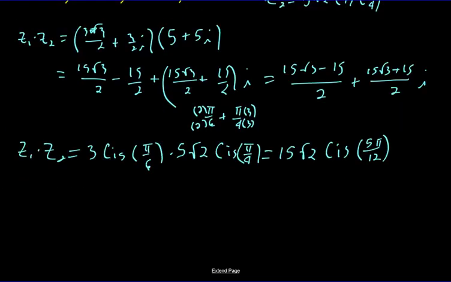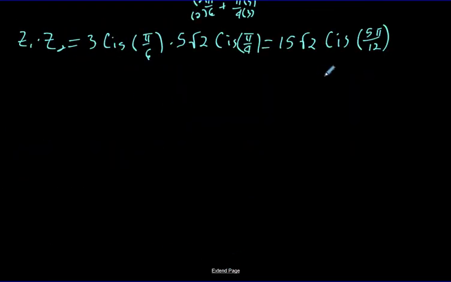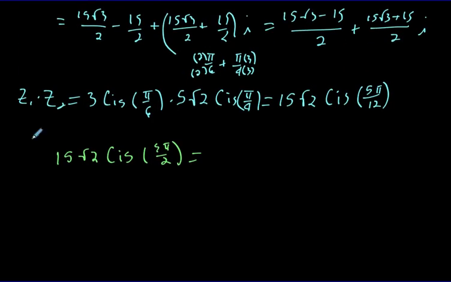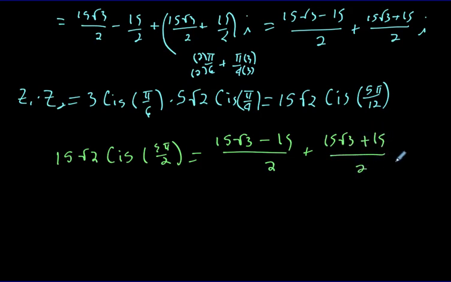All right. So the way that we're going to do this is I know that from what I've shown right up here, 15 root 2 CIS of 5 pi over 12, my polar form, is exactly equivalent to my Cartesian form that I have up here. So that's 15 root 3 minus 15 over 2 plus 15 root 3 plus 15 all over 2 i, right?